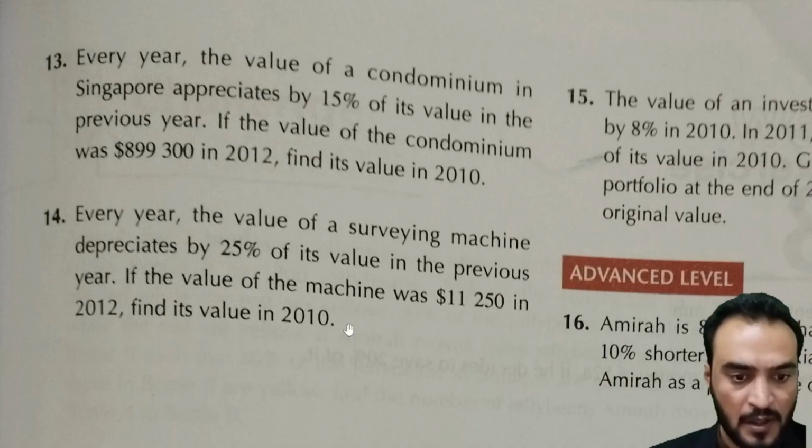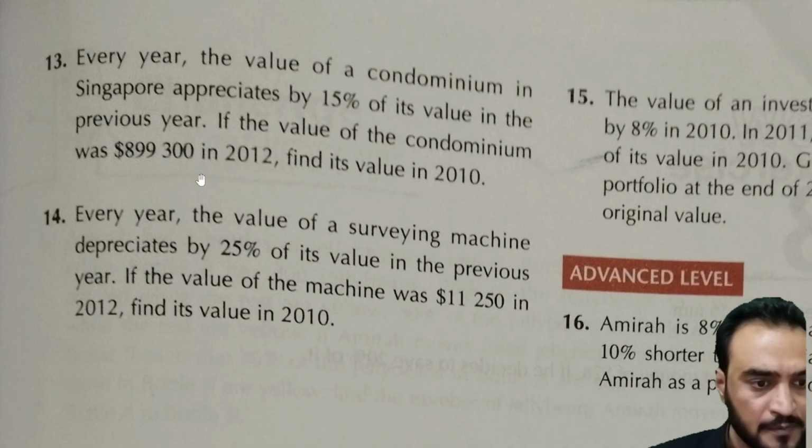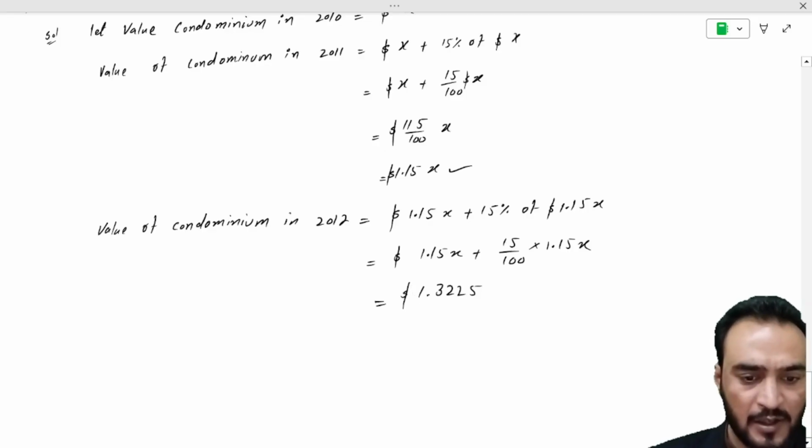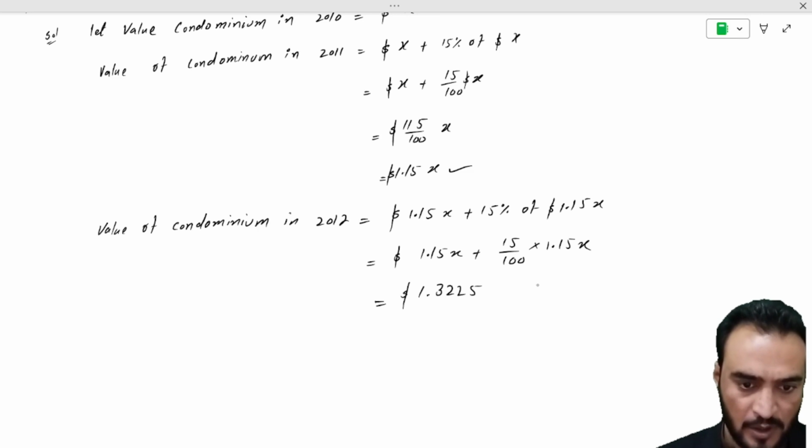But as it is saying that the value of condominium in 2012 is $899,300, we put the value obtained, that is 1.3225X, equal to that.